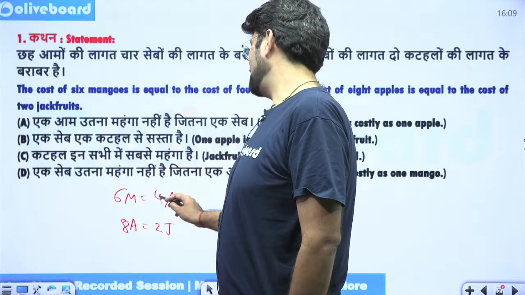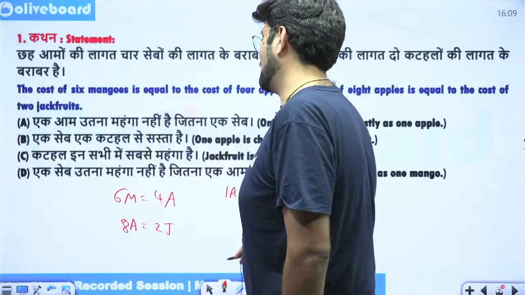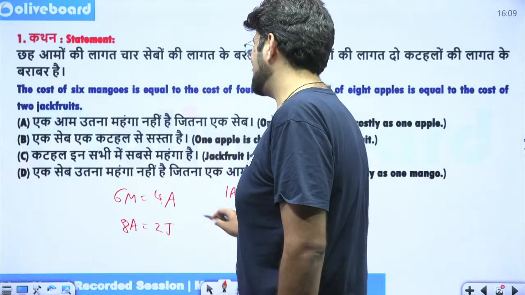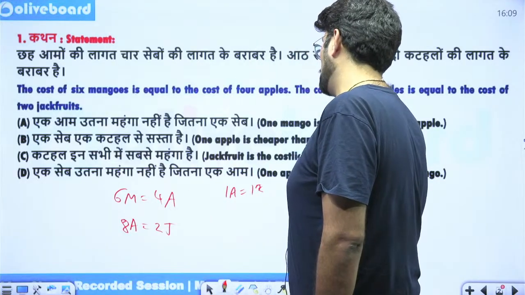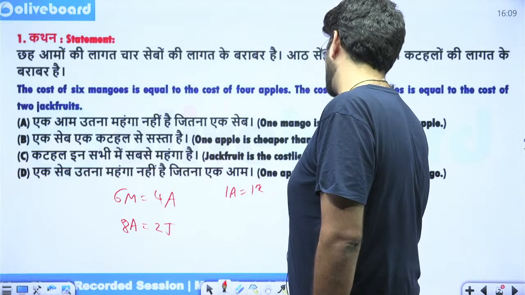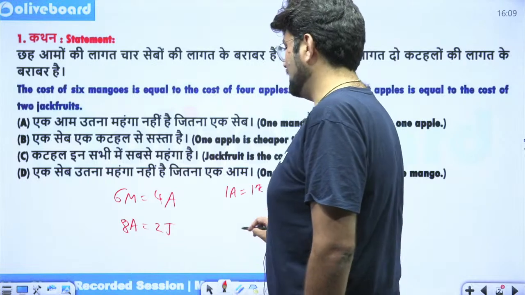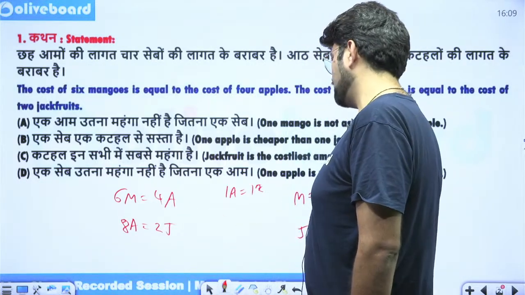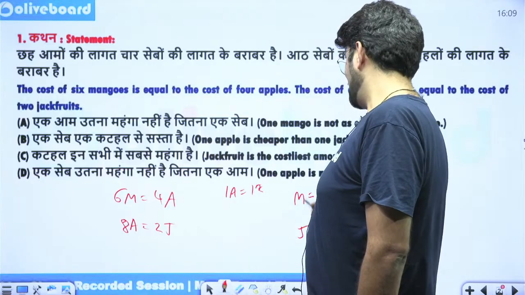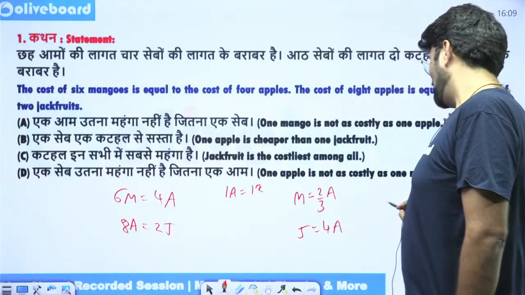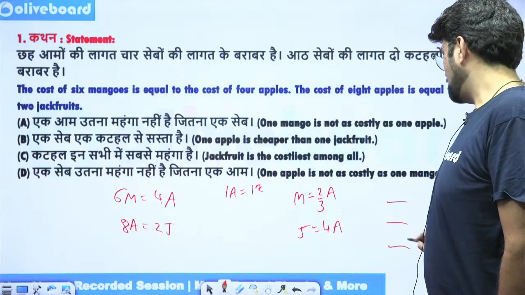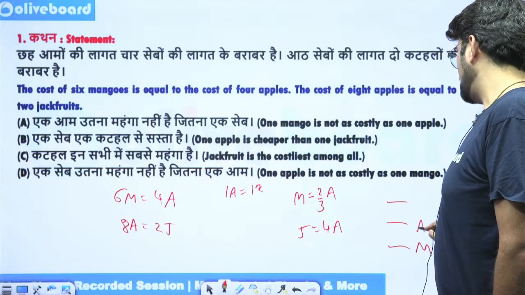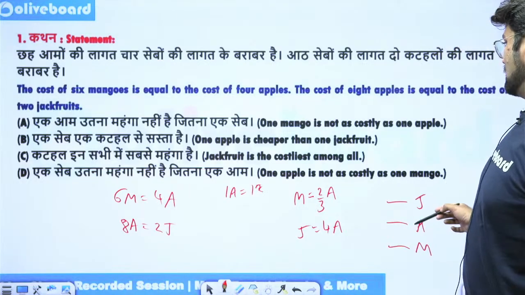That the cost of an apple is 6 by 4th of the cost of a mango, or the cost of a mango is 4 by 6th the cost of an apple. Mango is 4 by 6 or 2 by 3rd the cost of an apple. And jackfruit is the cost of 4 times of an apple. So we know now out of these 3 things, that mango is the cheapest, apple is the next, and jackfruit is the costliest.